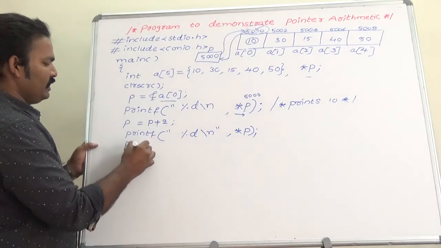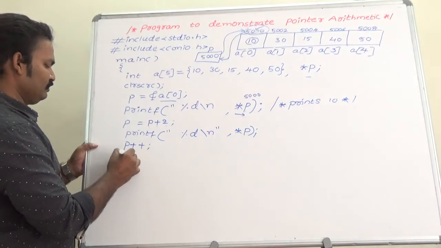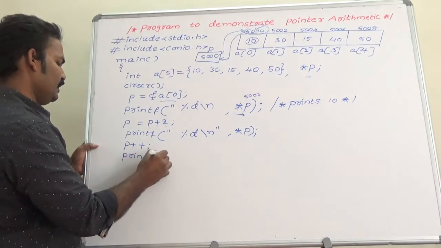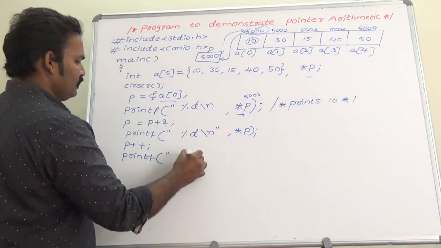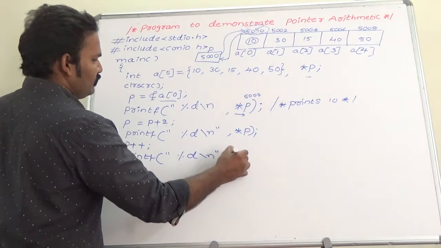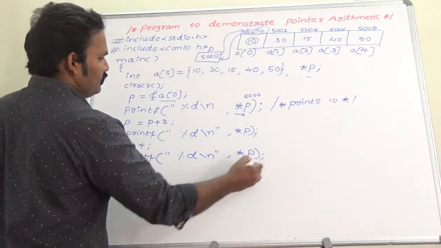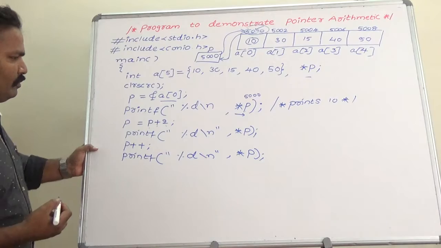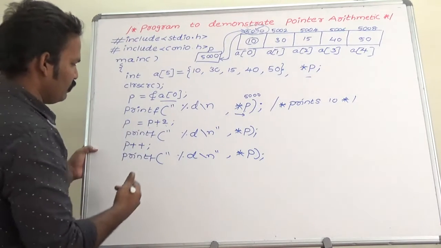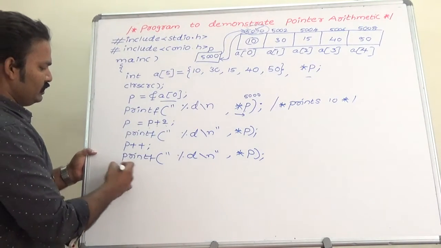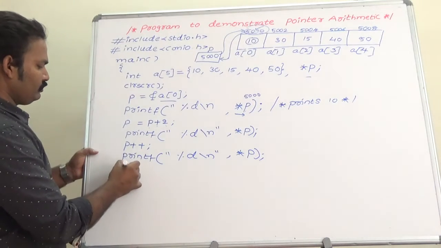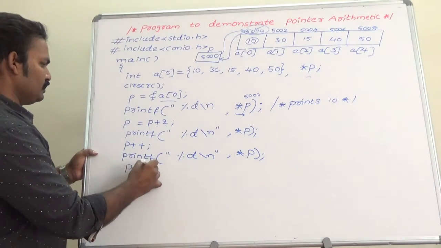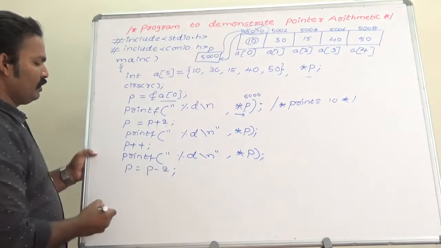Then here I am writing an increment statement. Then I am printing. First I will complete this program, then I will explain. So t is equal to t minus 2.